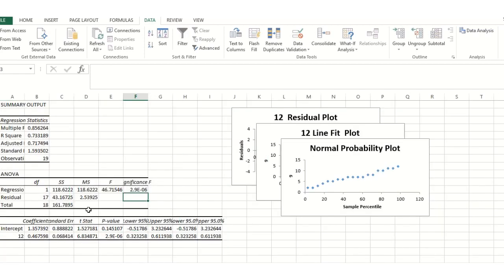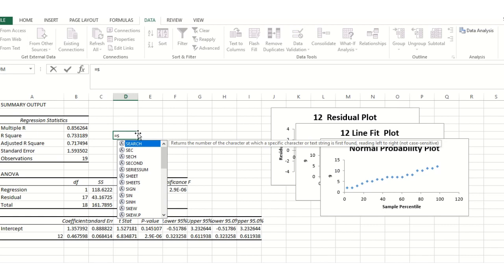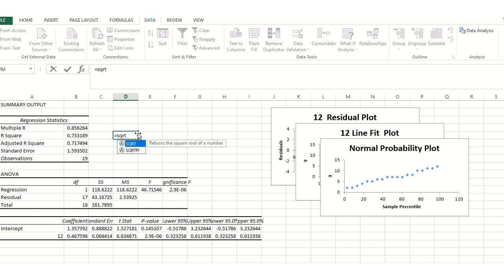Now if you see, we got an r square value. As I said, we need to find the r value, which is the correlation coefficient, so I'm taking the square root of this. See, it is 85%. So there is a good correlation between x and y.